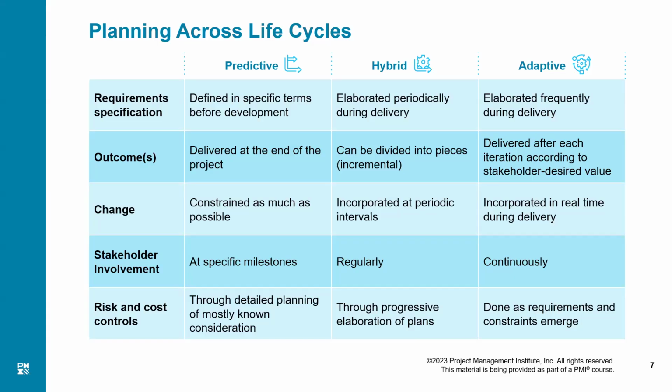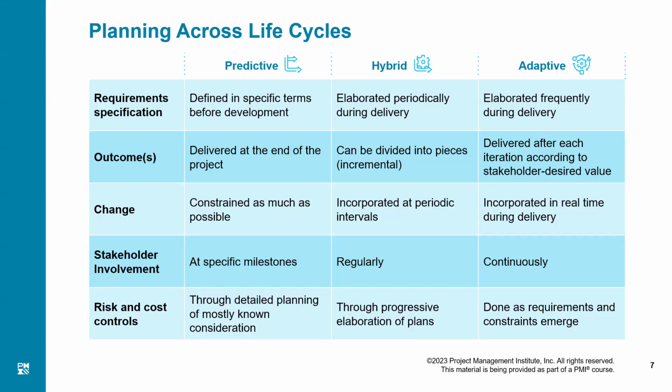Stakeholder involvement in predictive, yes, it is there, but at major milestones, right? We are not engaging the stakeholder more often than that. Whereas in a hybrid, it is regular involvement, say after every month or after every 2 months, we sit down in a meeting with the stakeholder. That is, we are regularly engaging the stakeholder.